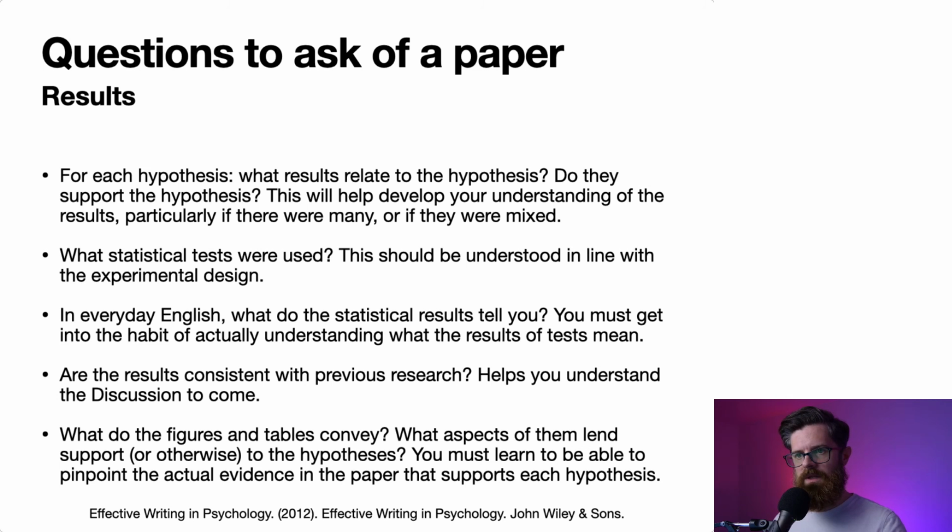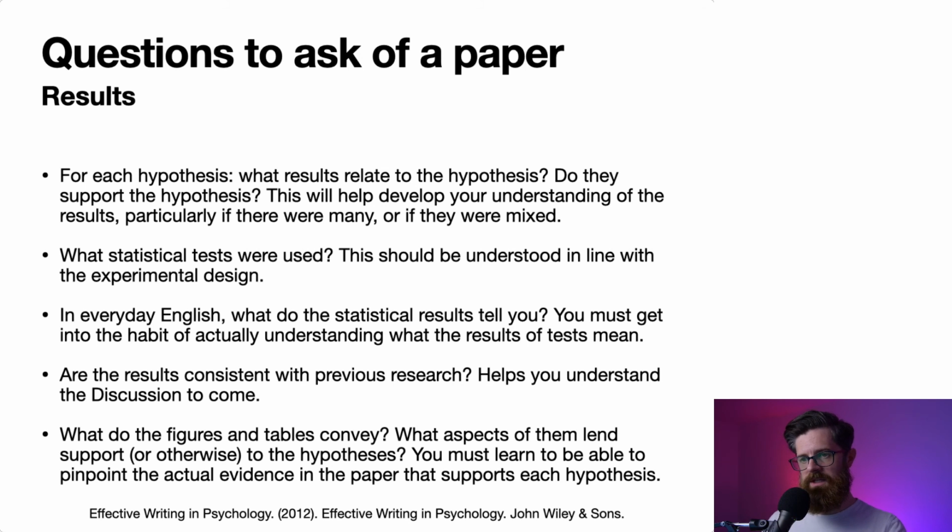Great. So the key thing is that the authors should really do this in their discussion when they're talking about coming to certain conclusions and evaluating their hypotheses. What they should really be doing is specifying exactly what the evidence is that supports these hypotheses.